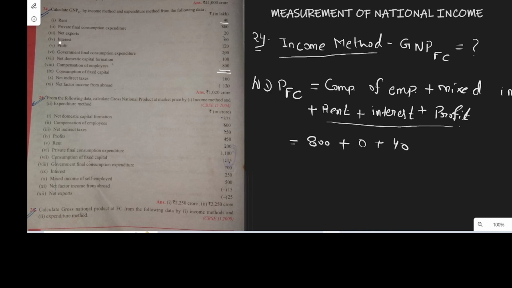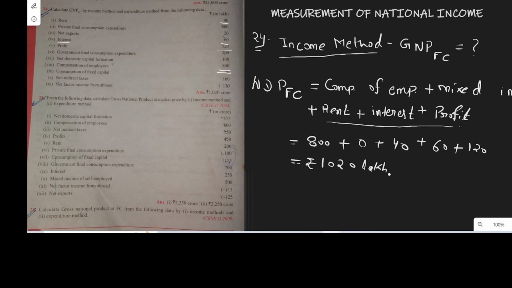Interest is given as 60, so plus 60, and profit is given as 120. So it is 840 plus 60, 900, and 1020 in rupees, and it is given in lakhs. So 1020 lakh rupees. That's it. So in a simple way, we have calculated NDPFC by using income method.